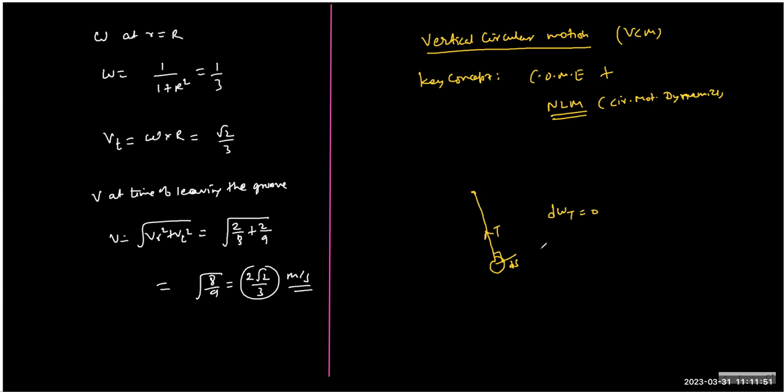So the tension is not doing work, and the other force is gravity, which is a conservative force. So either you can write the work-energy theorem, or you can simply write the energy conservation, because it's a conservative force. I hope you understand this part.